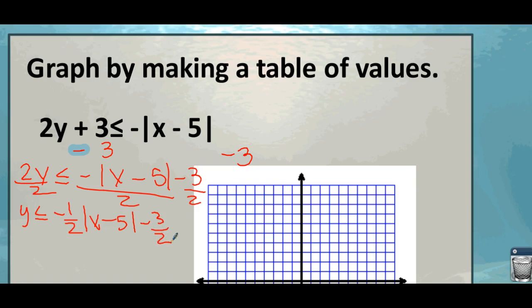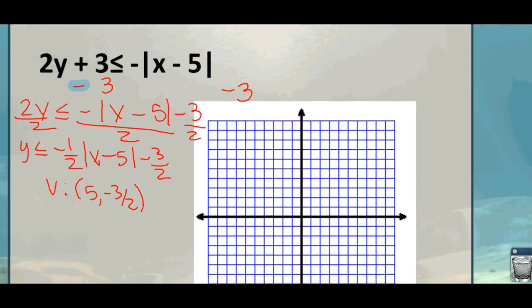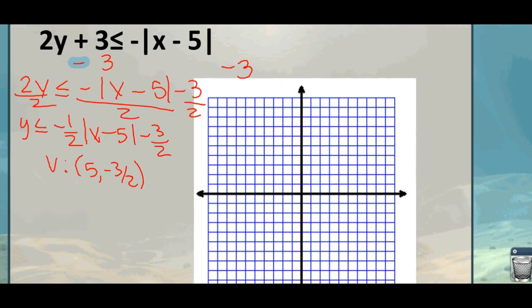So that makes my vertex, let's do (5, -3/2). So you would go right 5 and down 1.5.